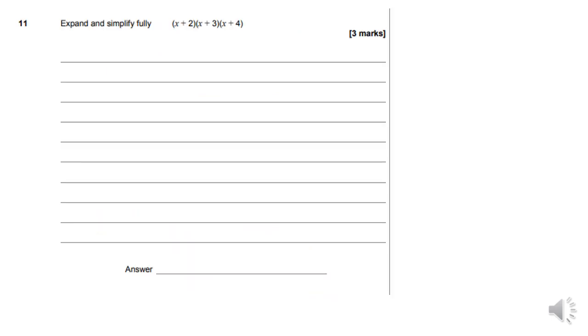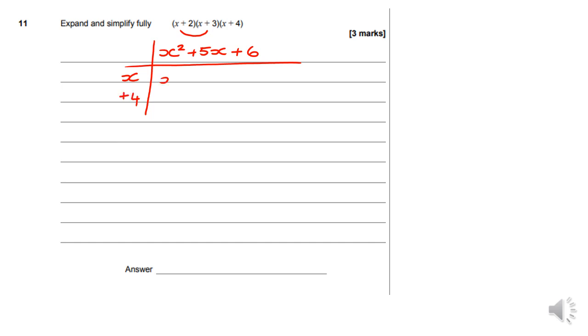Oh, a bit of a gimme question here, which is nice. Expand the bracket. You should probably be able to expand the 2 brackets first and just write that that's x squared plus 5x plus 6. Then that all just needs multiplying by x, add 4.